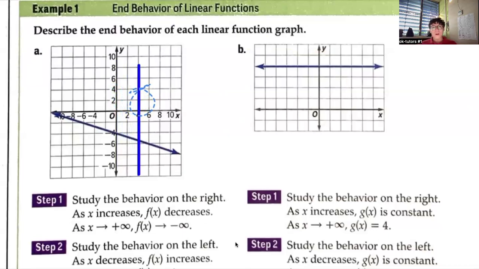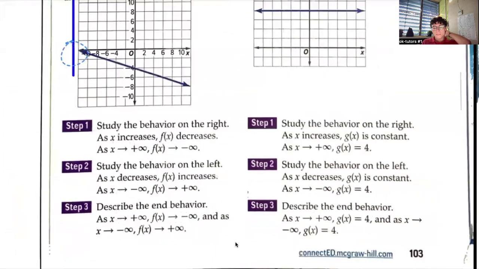That's what's happening now, right? And when x goes to negative infinity, that's the left side, y is going up. So it's going to positive infinity. Okay, that's the very big difference between the end behaviors. Okay, that's how you can do it this way.